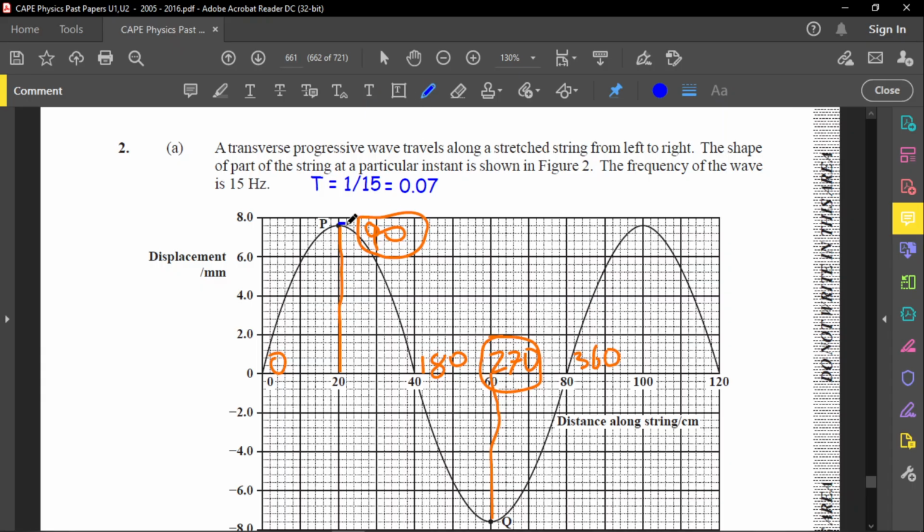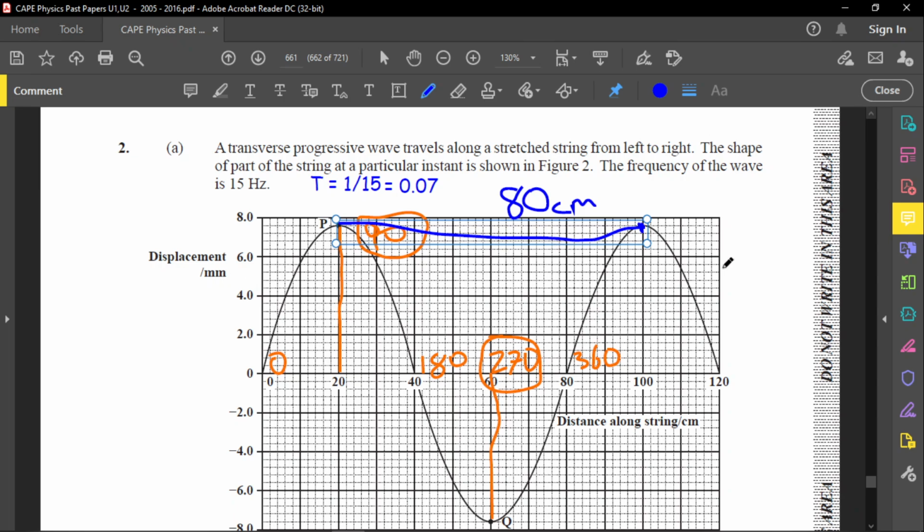So from P all the way over to the top of the other crest right here, which is from 20 to 100, it is 80, so that distance is 80. Okay, and remember this was in centimeters, right?